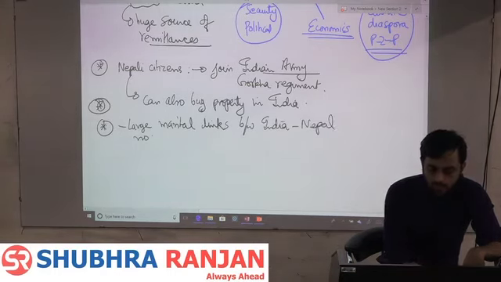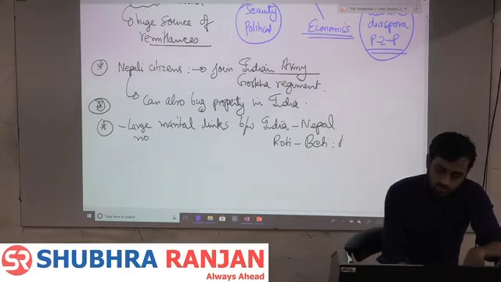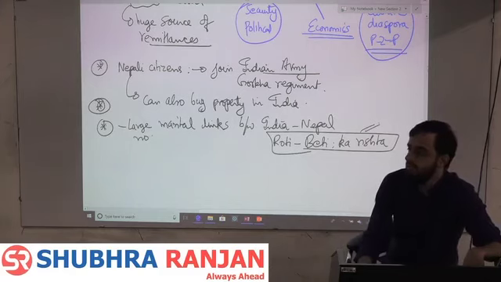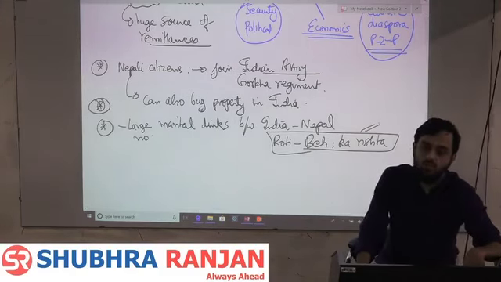This is also called the roti beti ka rishta. ये रिश्ता क्या कहलाता है? India-Nepal relationship. So in that context, you see there is a large source of employment also.